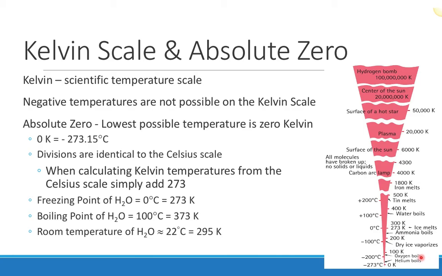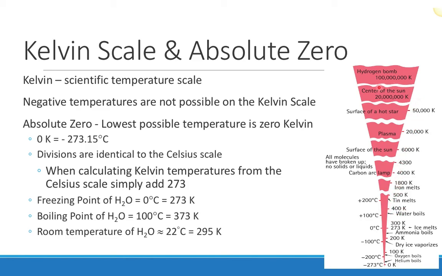Down here, dry ice vaporizes at around negative 100 degrees. It's probably a little higher, like negative 80-something degrees Celsius. Over here we have 0 degrees Celsius, which is 273 Kelvin. That's when ice melts. Water boils at 100 degrees Celsius, somewhere right here, and so on.